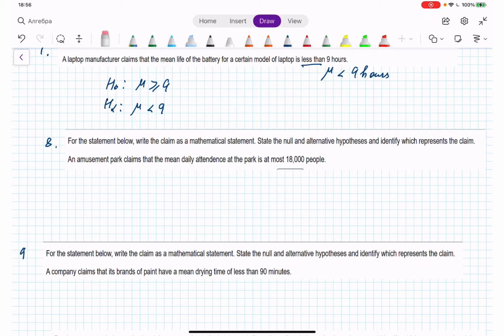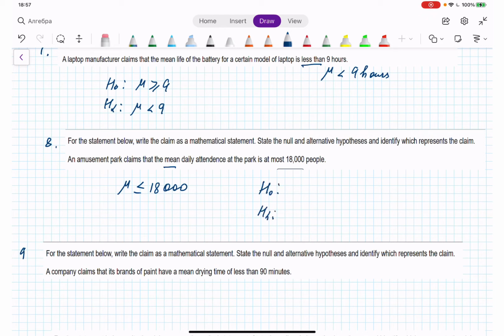The keyword is mean attendance, so it's going to be mu less than or equal to 18,000.